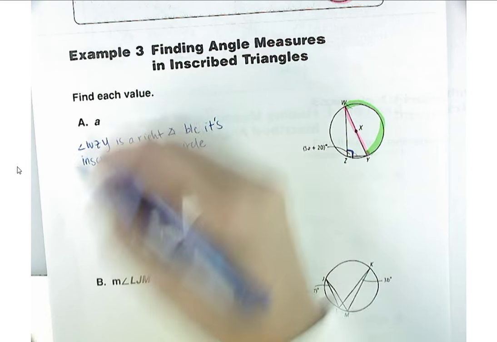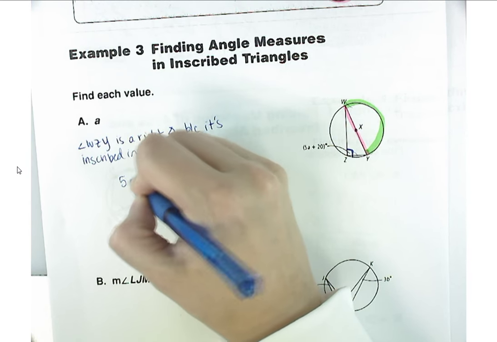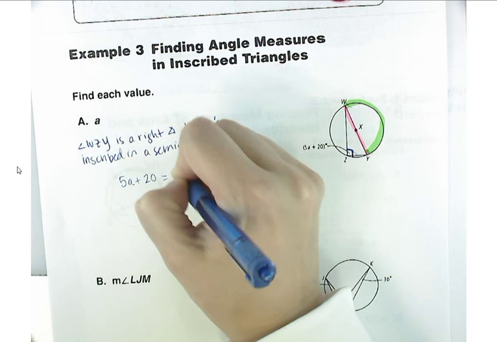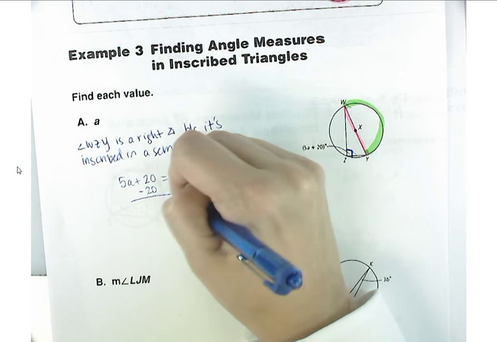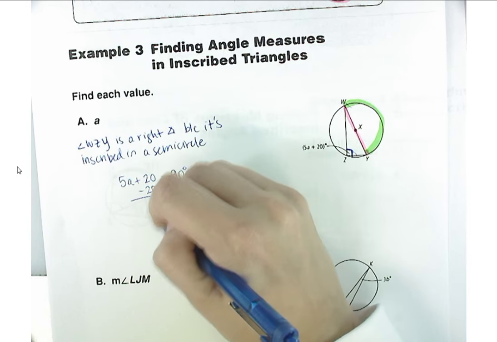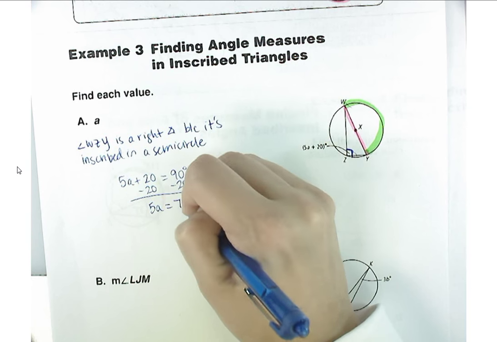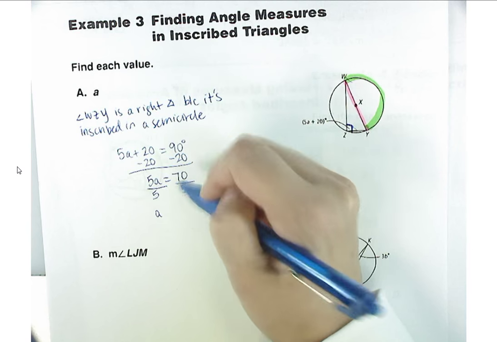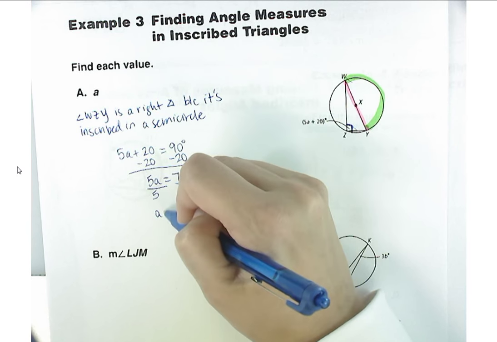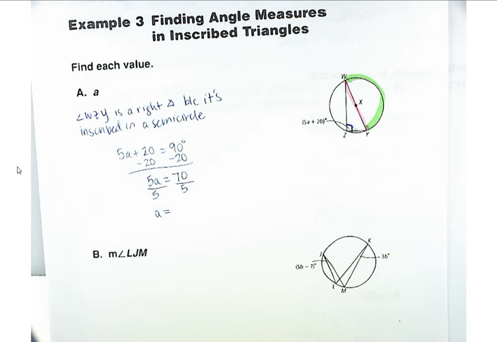Okay, so because it's a right angle, we know that 5A plus 20 is going to equal 90 degrees, and then we can just go ahead and solve that for A. So we'll subtract 20 from both sides, which is going to give us what value? 70, and then we're going to divide it by 5. Do you guys know what 5 times 12 is? 60, which means that 5 times 13 is 65, and then 5 times 14 would be 70.